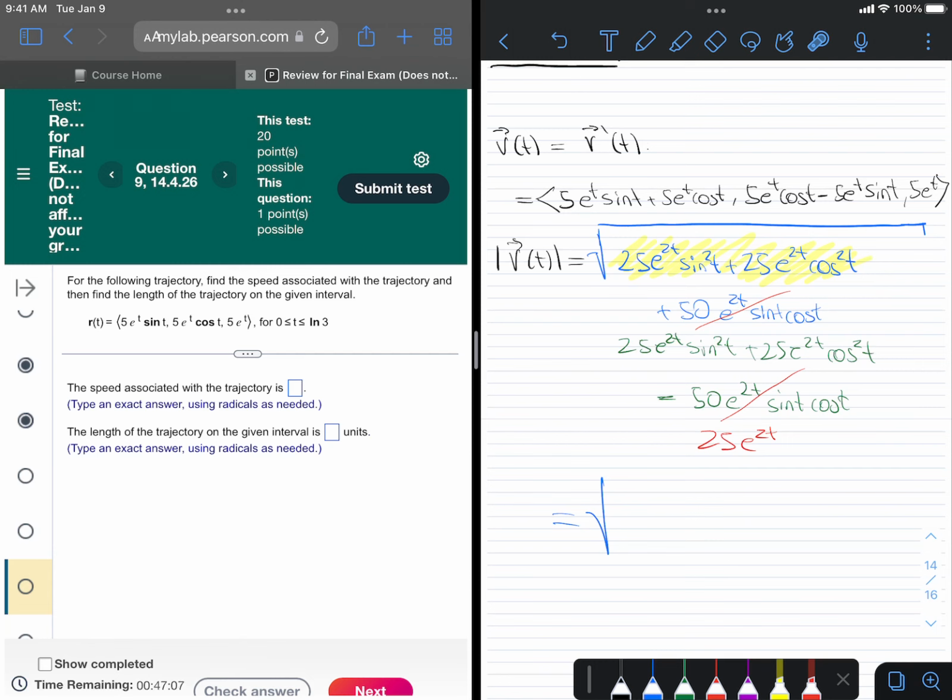So the first highlighted part is just 25 e to the 2t. The second highlighted part is also equal to that because they're the same. So in fact, we have this times 2.